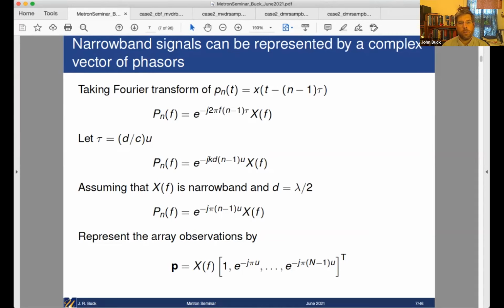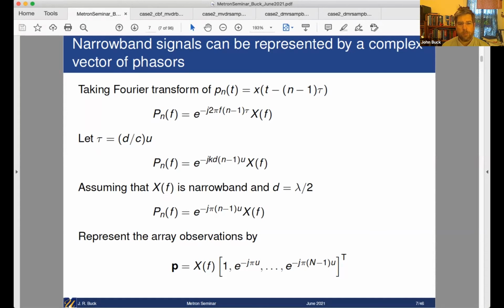What's important about this equation is that when I think about the Fourier transform of each successive sensor, they have this common factor, the Fourier transform of the pulse being transmitted, and then a different phase for each sensor. This vector of complex phasors represents the spatial structure due to the angle of arrival, which is hidden here in this u, the cosine of the angle.